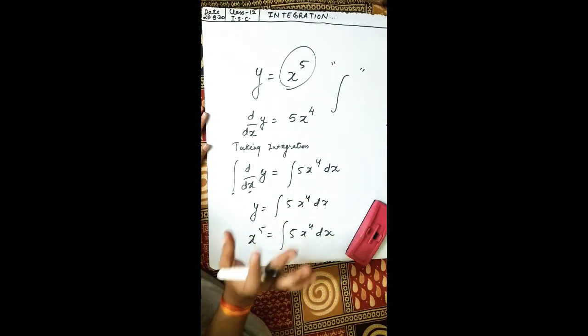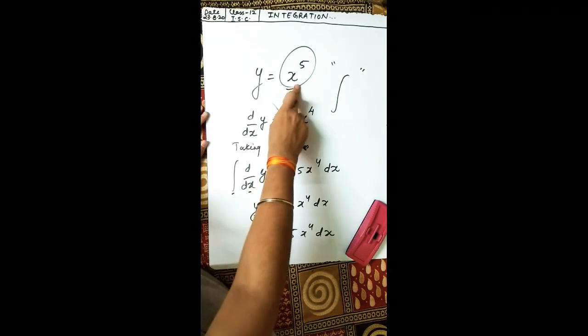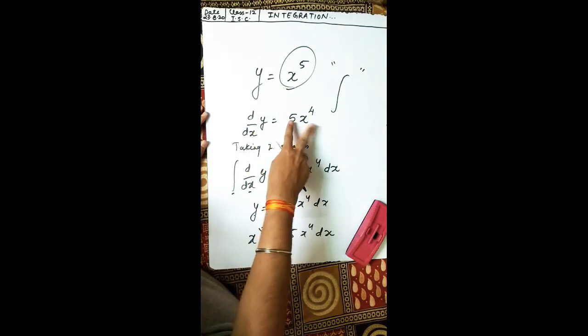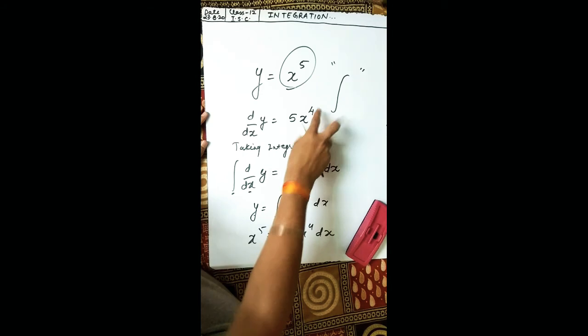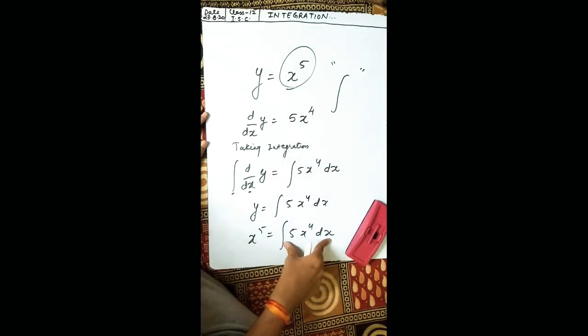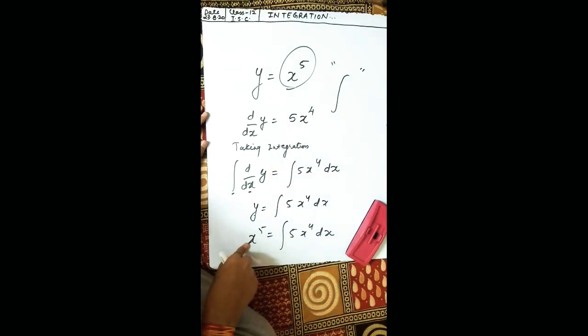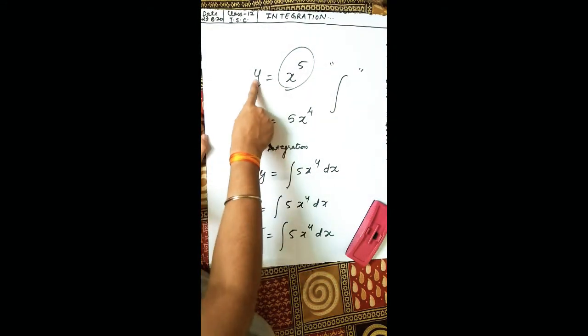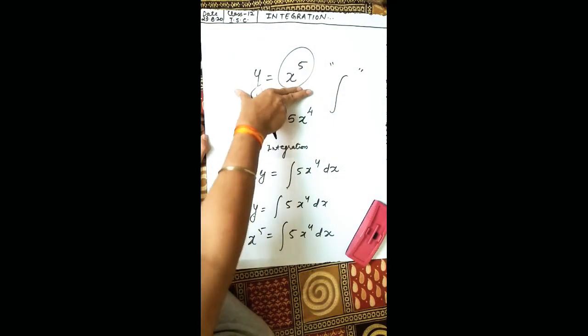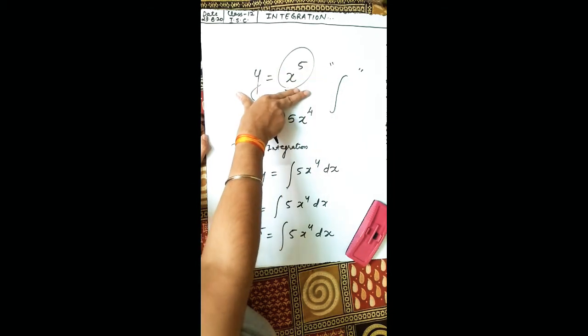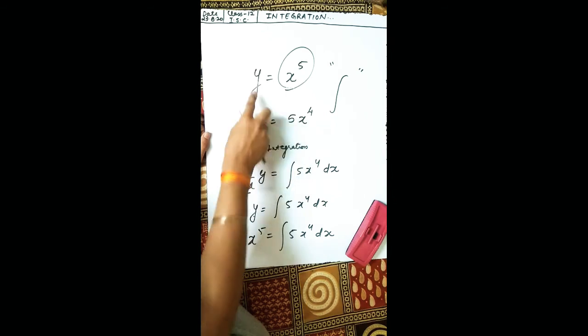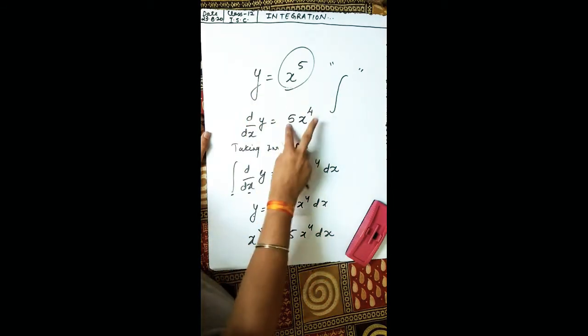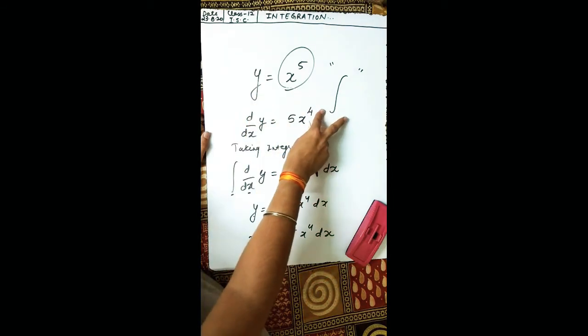See, what does this mean? If your y is equal to x to the power 5, differentiation gives 5x to the power 4. And when you integrate it, you get x to the power 5 back. So that is how we came back to our home. This was our function. We differentiated and got dy/dx is equal to 5x to the power 4.